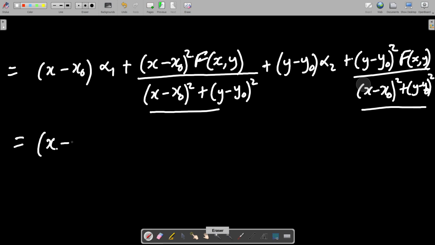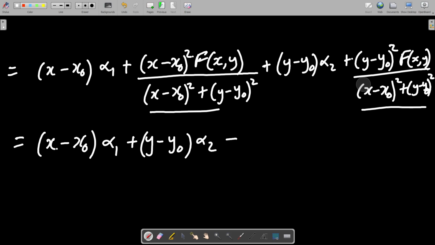This will just remain here as x minus x naught alpha 1 plus y minus y naught alpha 2 plus 1 times f of xy. Add these two terms up, f of xy comes out common. Numerator becomes x minus x naught the whole square plus y minus y naught the whole square, which is the same as the denominator, so they cancel and give you this one, and f of xy which is taken common will remain as it is.